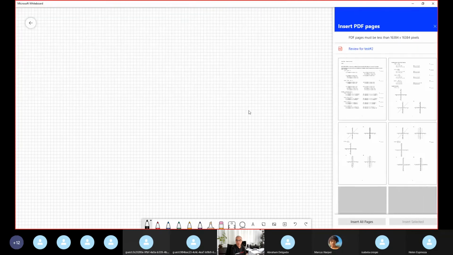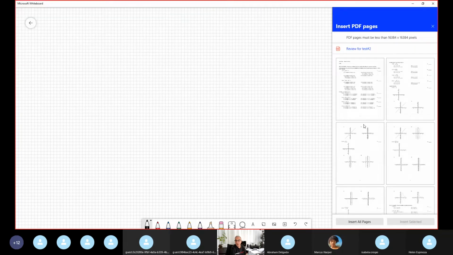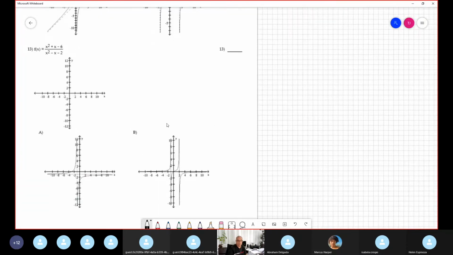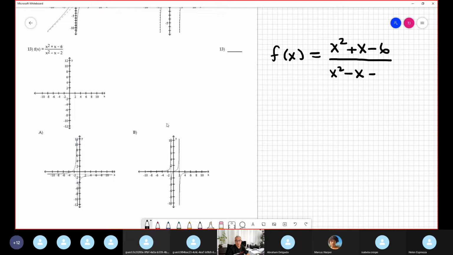This is that page. We focus on problem 13. Say f of x is equal to x squared plus x minus 6 divided by x squared minus x minus 2.